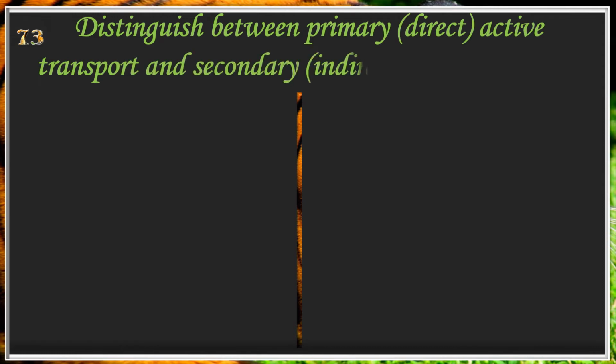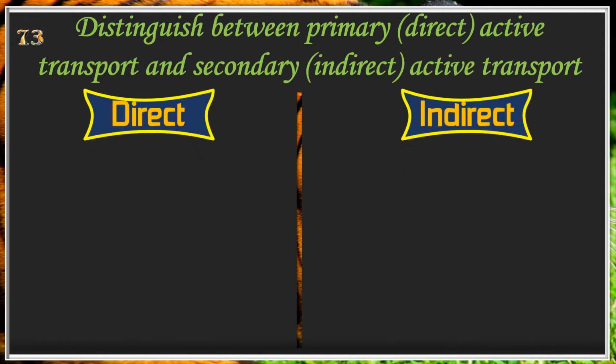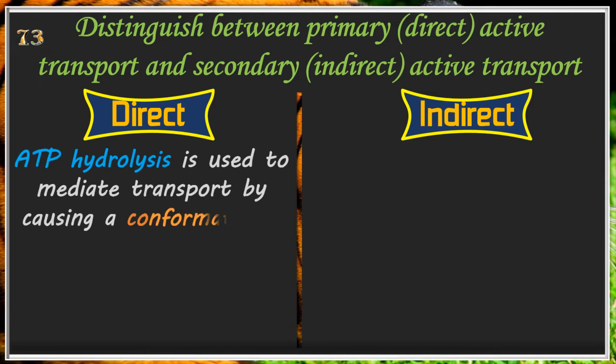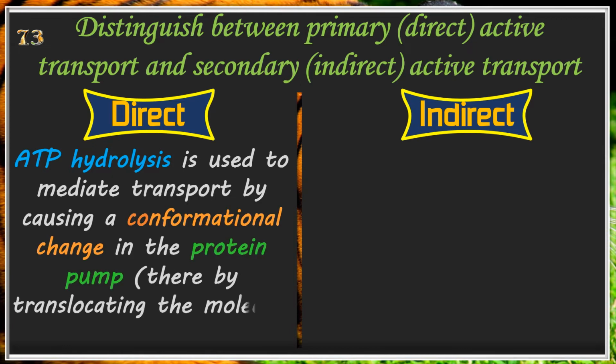Distinguish between primary active transport, or what we call direct, and secondary active transport, what we refer to as indirect. Let's start with direct. ATP hydrolysis is used to mediate transport by causing a conformation change in the protein pump, thereby translocating the membrane molecule against the gradient.